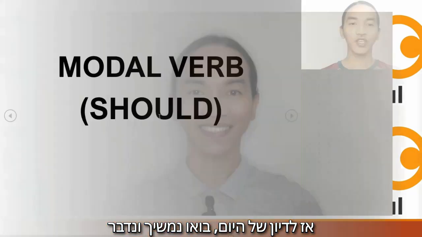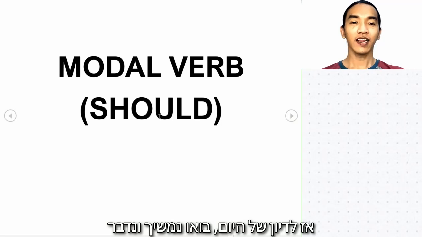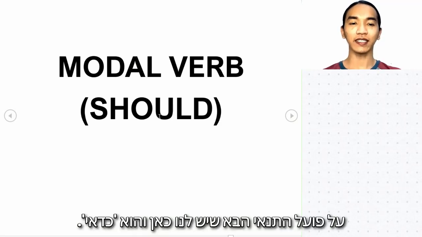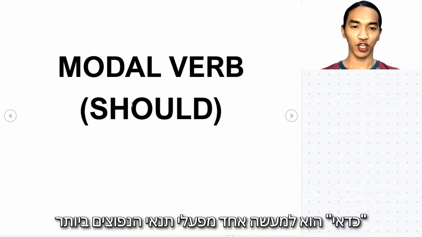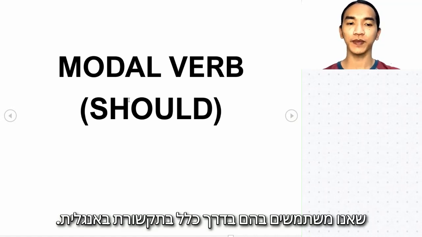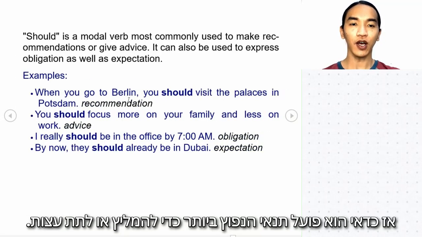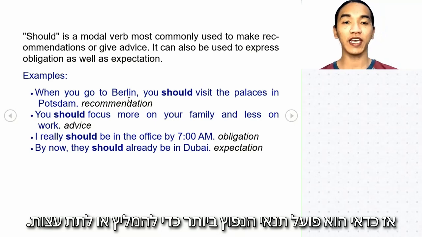Let's go. So, for today's discussion, let's go ahead and talk about the next modal verb that we have here, and that is should. Okay, should is actually one of the most common modal verbs that we normally use in the English communication. So, should is a modal verb most commonly used to make recommendations or give advice.